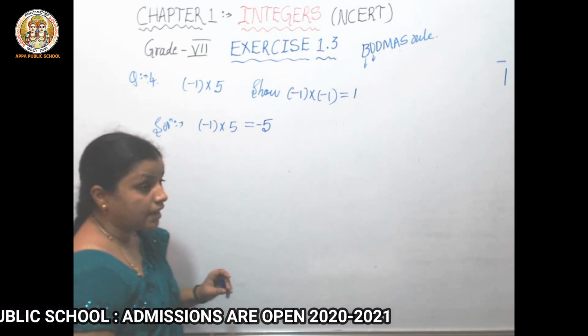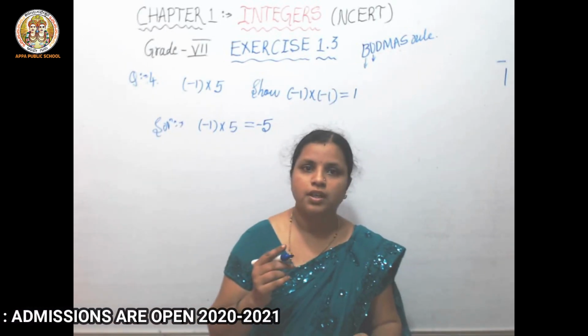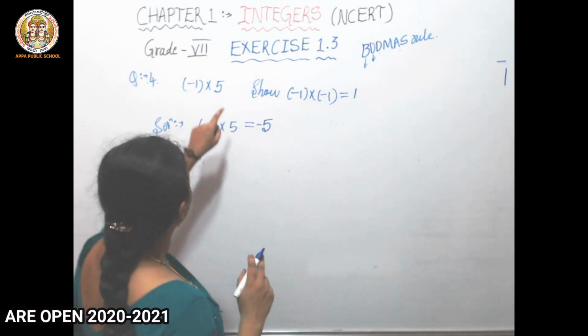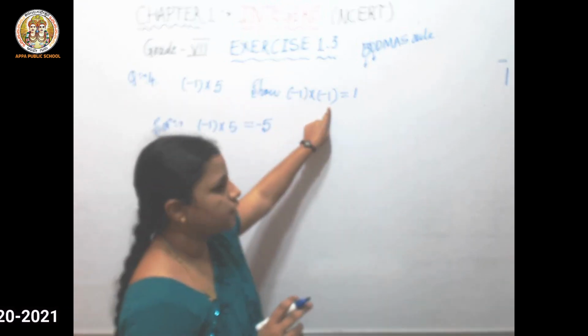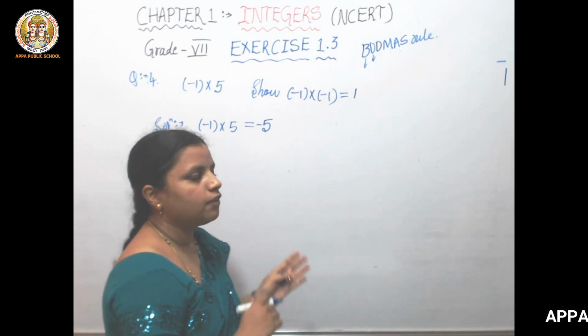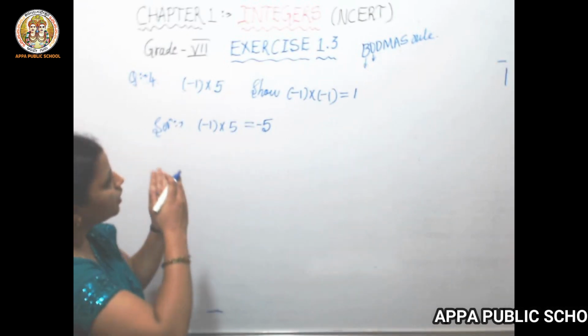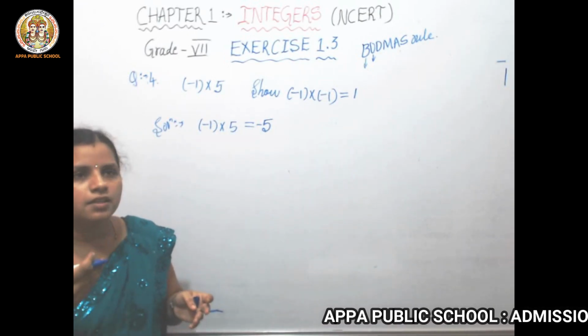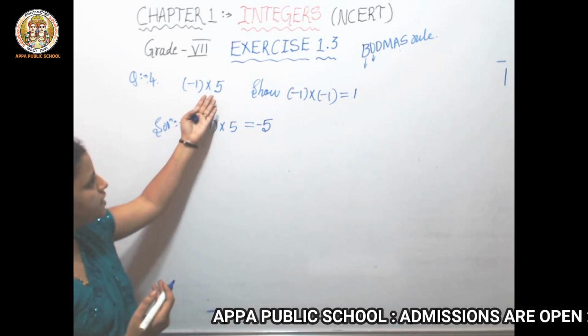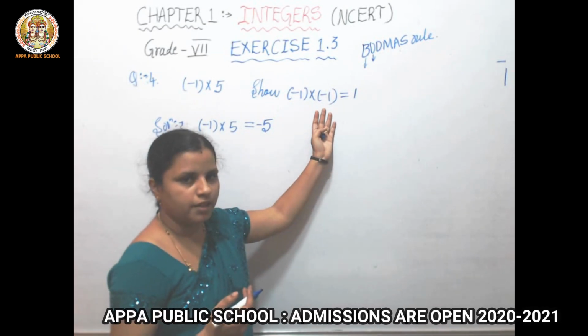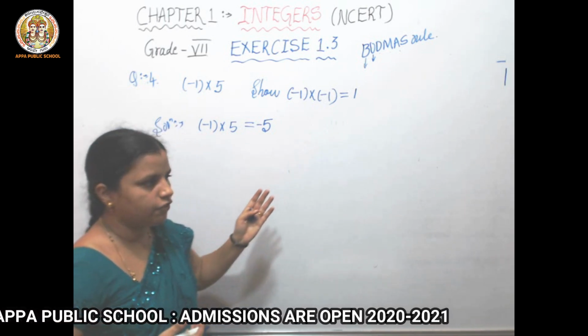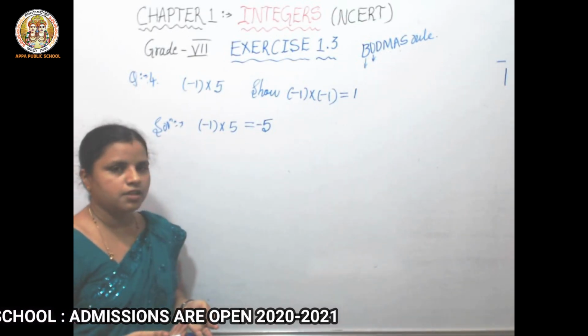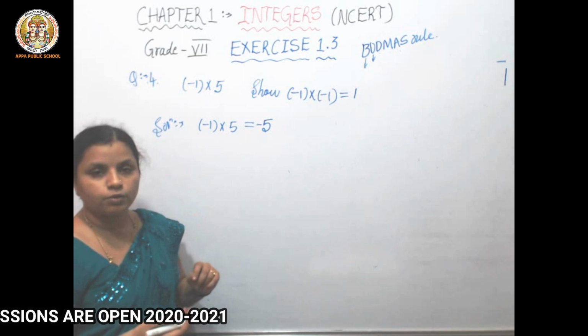And the next, as they said, you should follow the pattern. As here 5 is there and here minus 1 is there. With this we can follow that the number is in the decreasing form. Is it? 5 is greater as compared to the minus 1. So it is in the decreasing form. So if it is in the decreasing form, next number what we have to take?